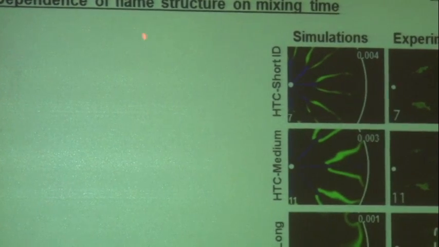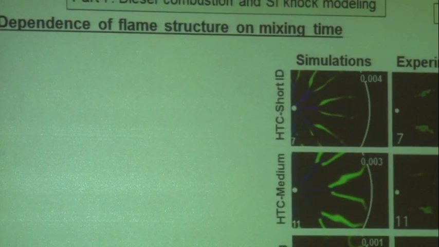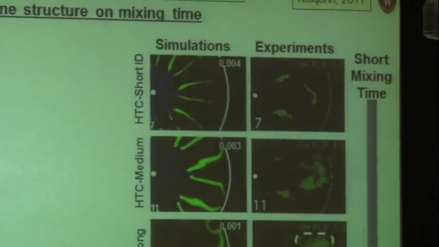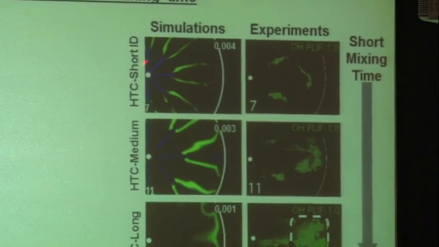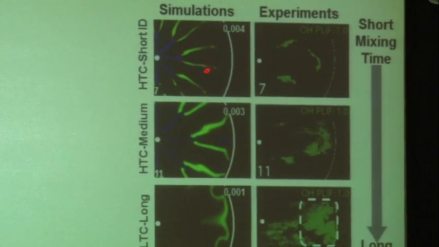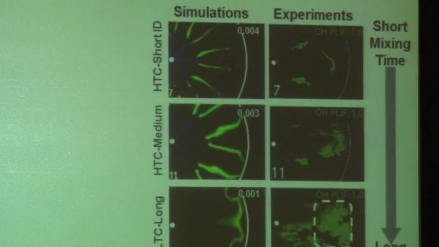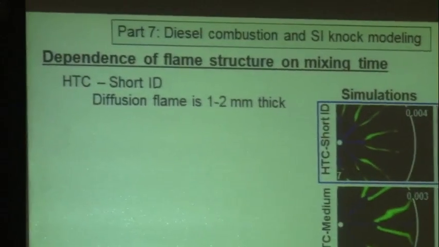So just to summarize then, the dependence of the flame structure on the mixing time, going from the high temperature combustion to the low temperature combustion, we saw an increase in mixing time between the fuel and the air. And for the high temperature short ignition delay cases, we saw this flame being surrounded by a rather thin sheath of OH, the diffusion flame thickness being 1 to 2 millimeters.